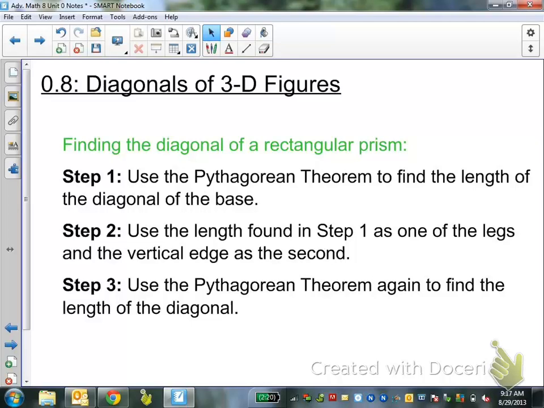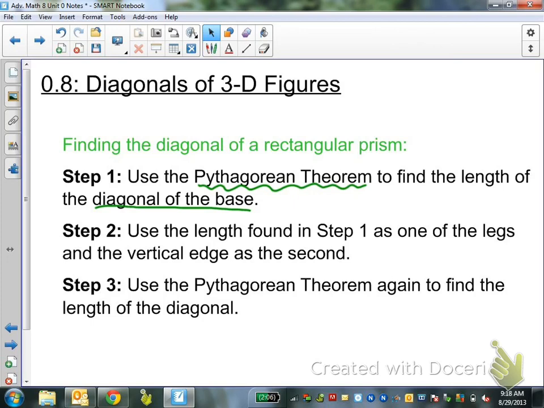In order to find that diagonal, we first need to use the Pythagorean theorem to find the length of the diagonal of the base. That's the line that you drew across the bottom of your cube.